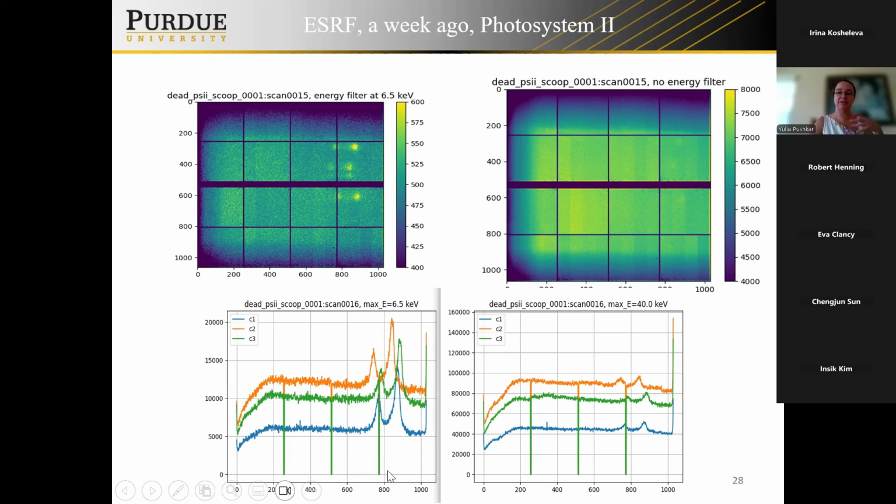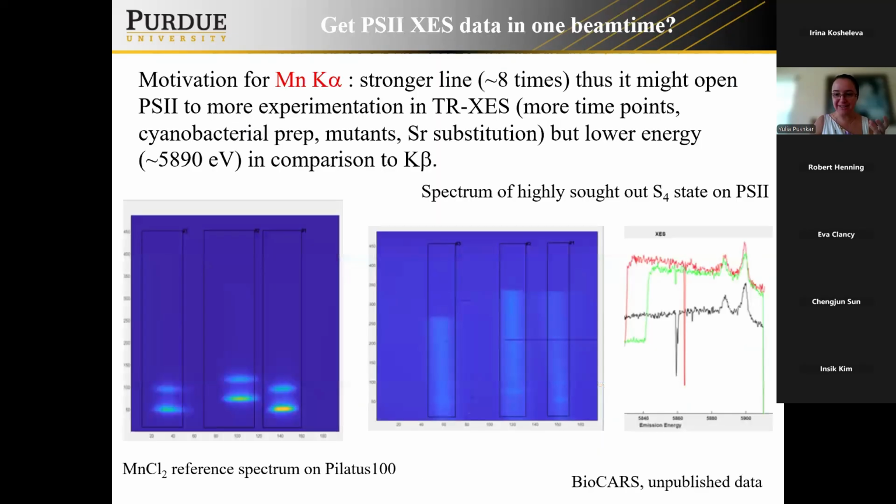What I'm trying to say is, if tomorrow I can get this detector to BioCARS, from this spectrum I can probably cut half of that background down and collect my data better, have better quality data, and need less protein for my data.